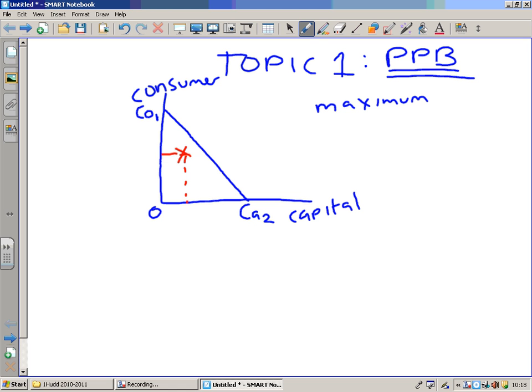Okay, now what I want to do now is to use our production possibility boundary diagram to explain the concept of opportunity cost. So remember, we have scarce resources. So let's imagine that this economy decides to produce CO1 consumer goods. When they operate at CO1, they can produce 0 capital goods.